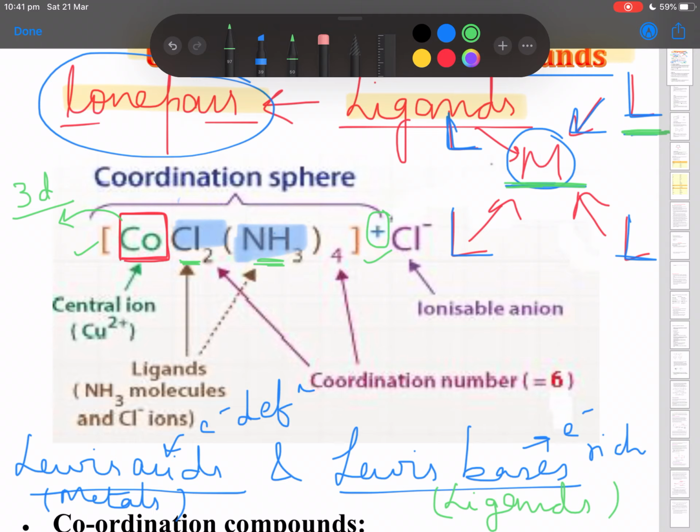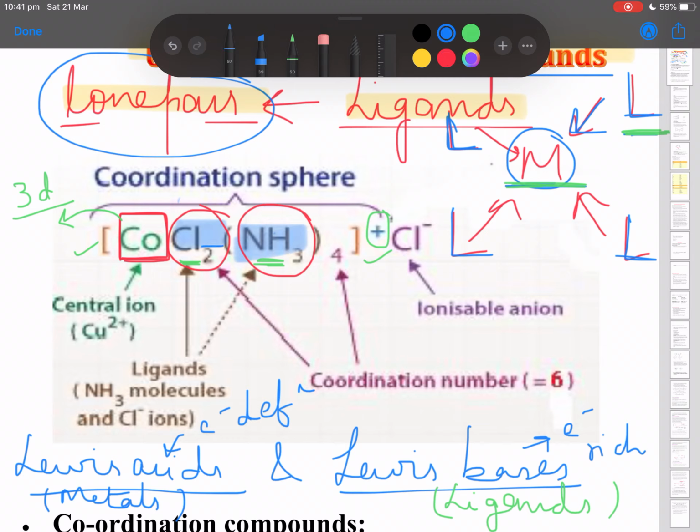Fine. Now if I ask you how many types of ligands are there, we can understand very clearly over here that there are two types of ligand. One is Cl minus and the other type is amine NH3. Next important thing, if I ask you how many ligands are there, we have to be specific about their number.